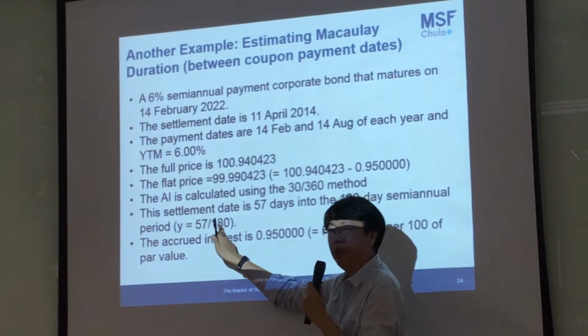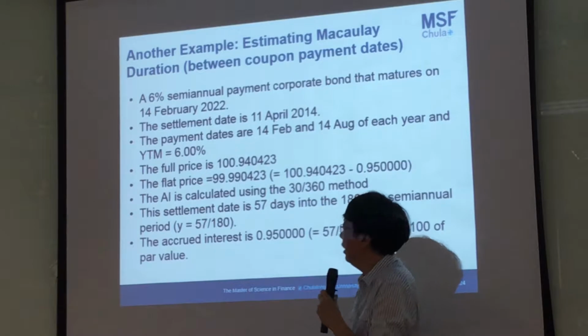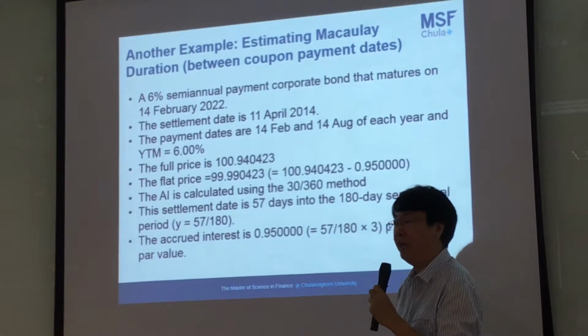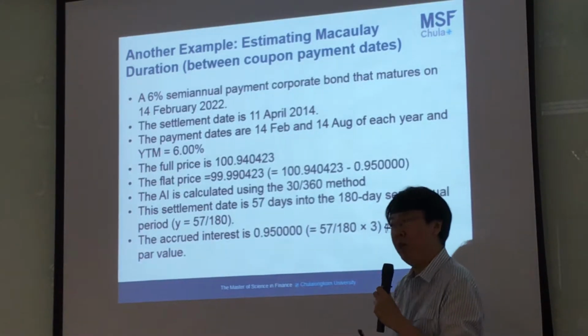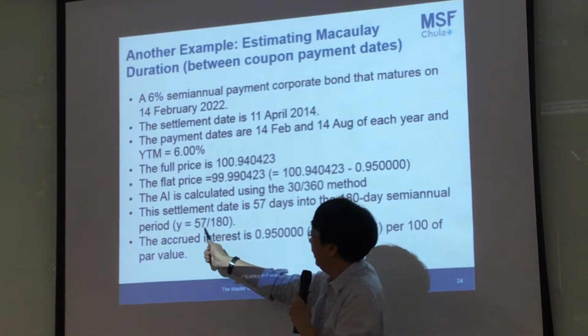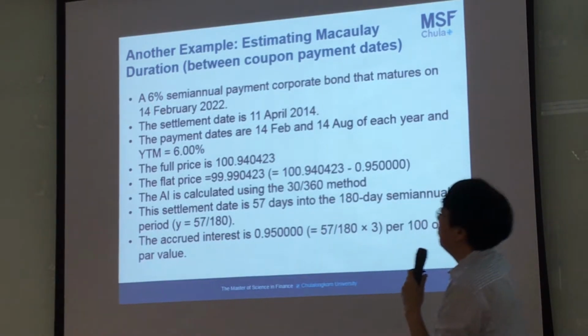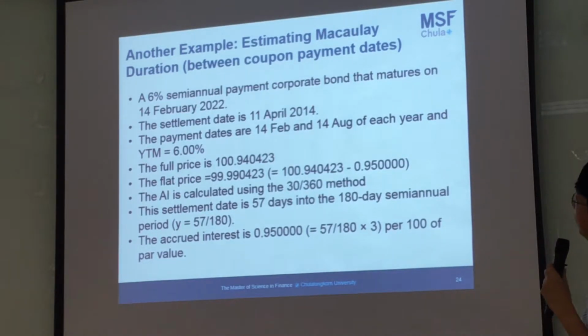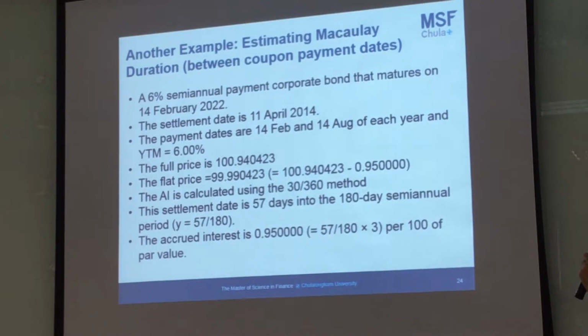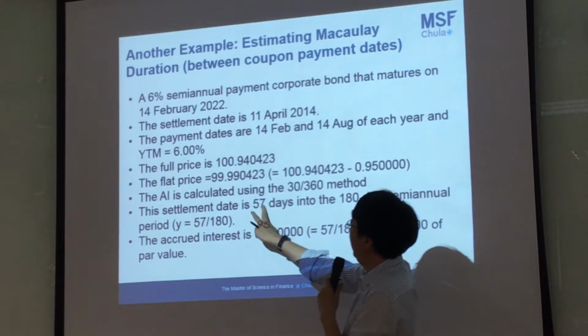The denominator is no problem, because each month is assumed to have 30 days, so 6 months must be 180. What about the number of days in the numerator? The last coupon payment was on 14th of February, and the settlement date is 11th of April 2014. How do we count to get 57 days?